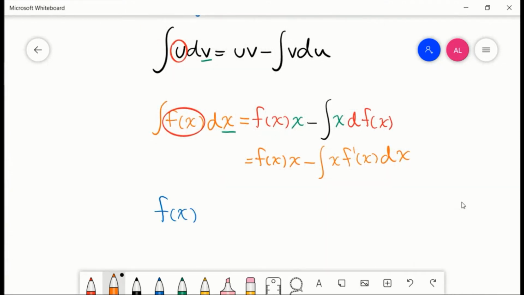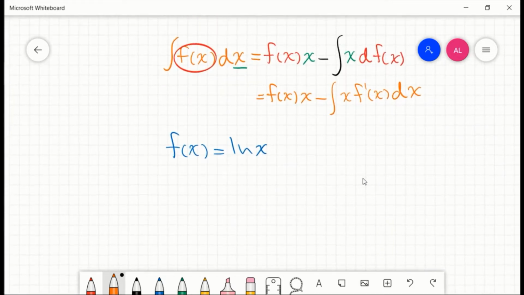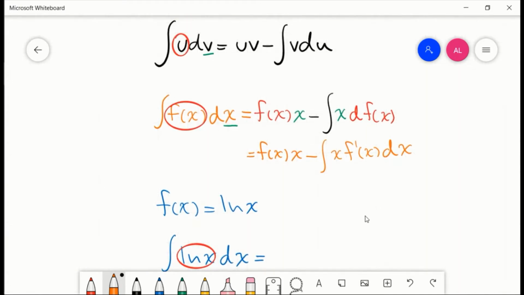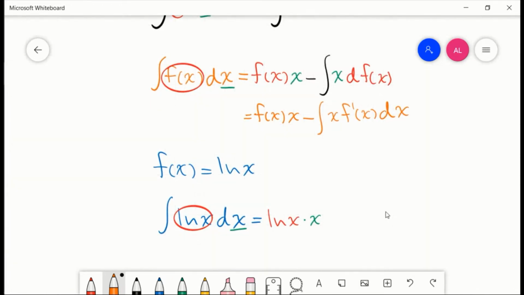So let's suppose, as an example, that f of x is equal to the natural log of x. Then the integral of the natural log of x dx is equal to, so the natural log of x, once again, is our u. Our x is our v. So we have natural log of x times x minus the integral of x, right, our v, d of the natural log of x.